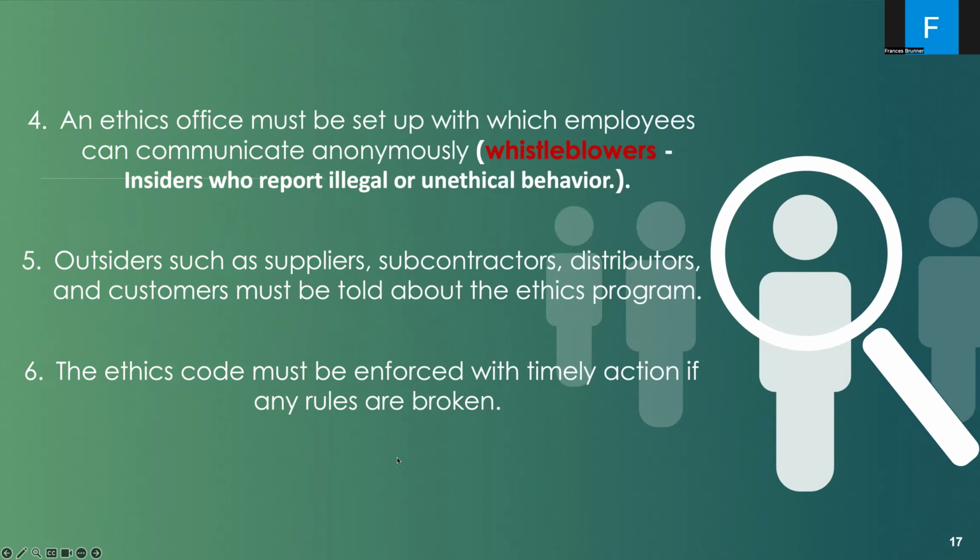Number four, an ethics office must be set up with which employees can communicate anonymously. These individuals are called whistleblowers. Now, they're insiders who report illegal or unethical behavior, and there are laws protecting whistleblowers.